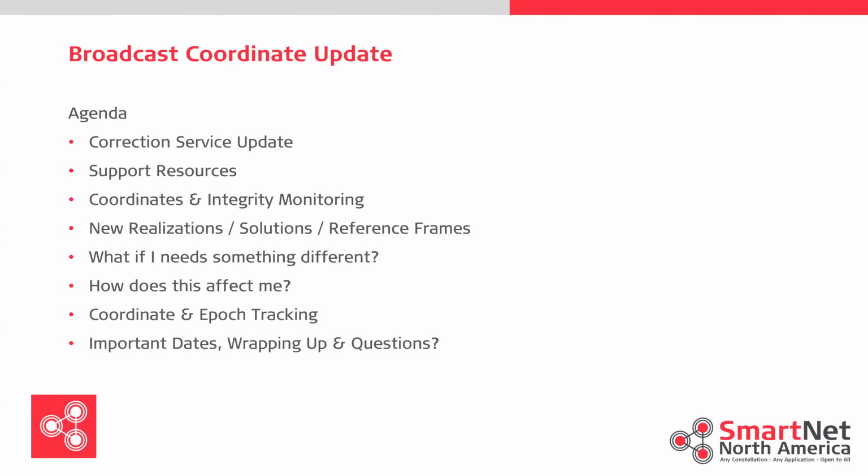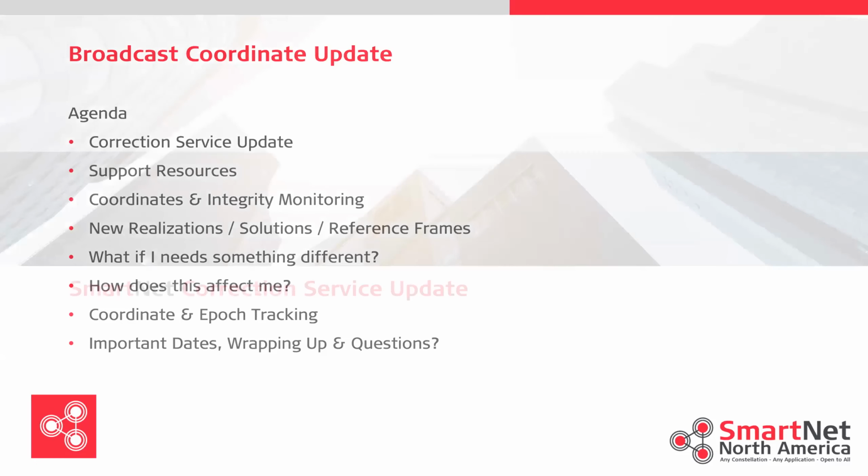We'll talk about coordinates and epoch tracking, the things that are going on in the background so that you can see what has been done, what is being done, and what will be done in the future. And then, of course, the important dates, wrapping up, and any additional questions or time at the end that you guys want to spend picking our brains and asking more questions as we go. So with that, we'll get kicked off.